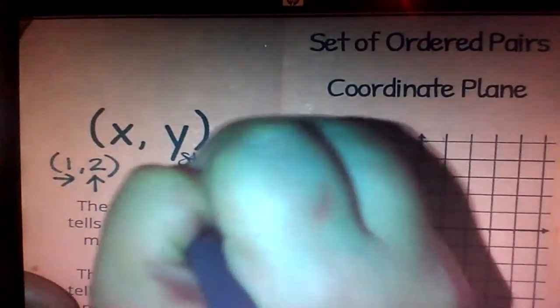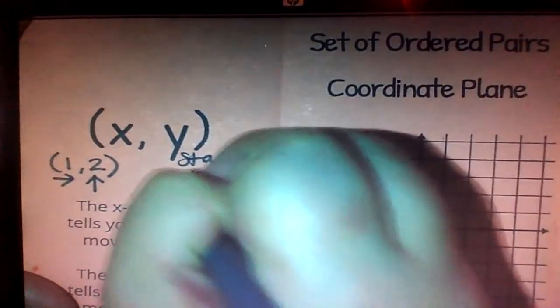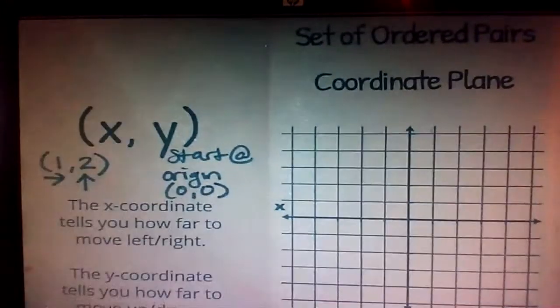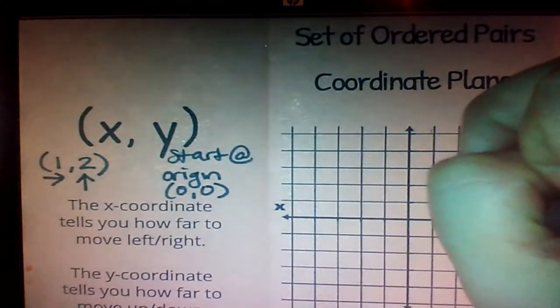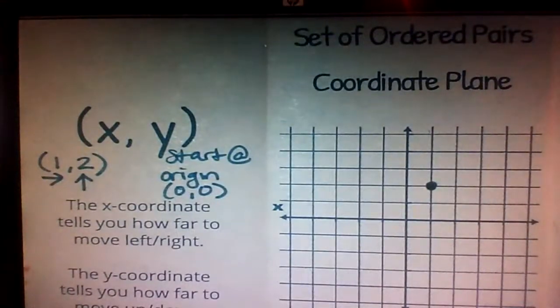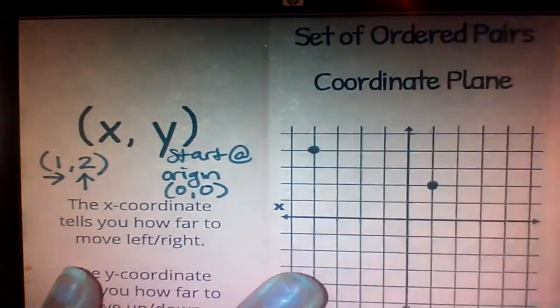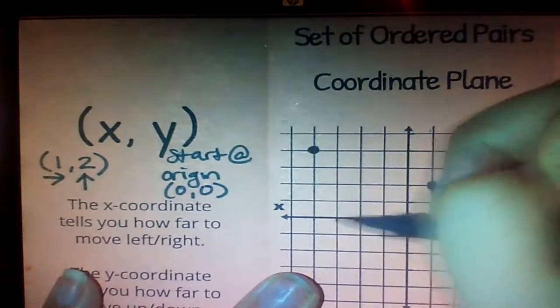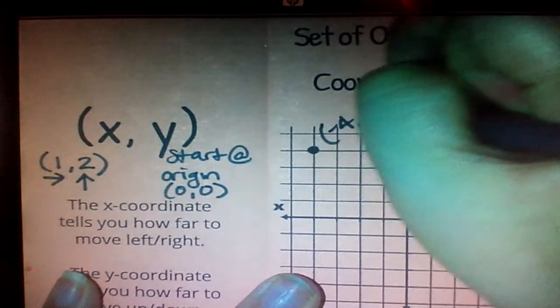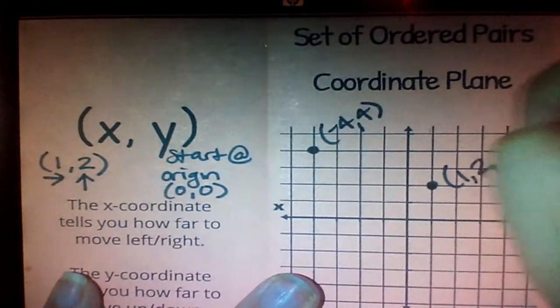So we start at the origin, which is 0, 0. So 1, 2 is there. Any point on this graph is a relation. So I can put a point here at -4, 4. This was 1, 2.